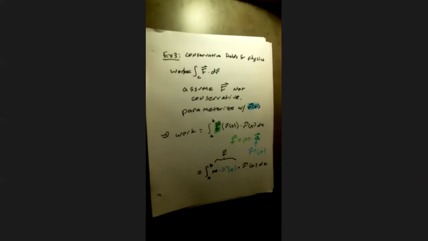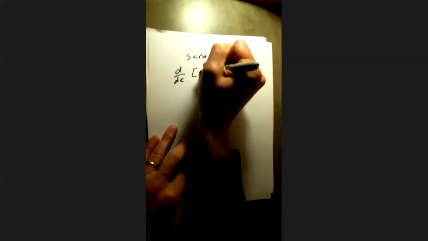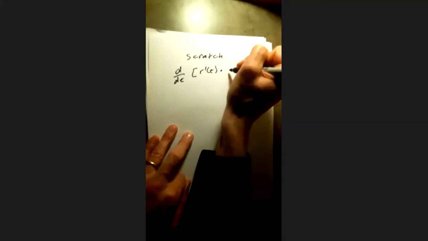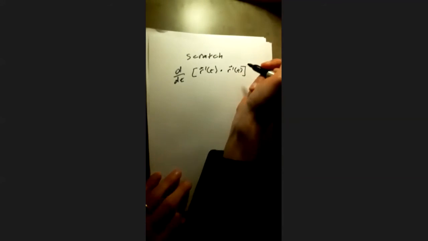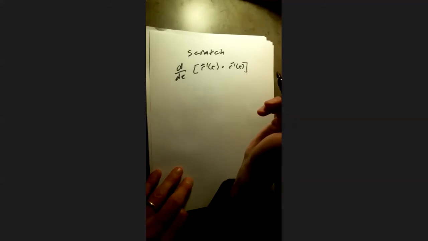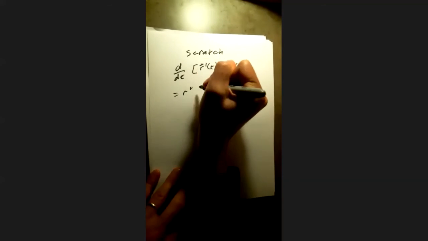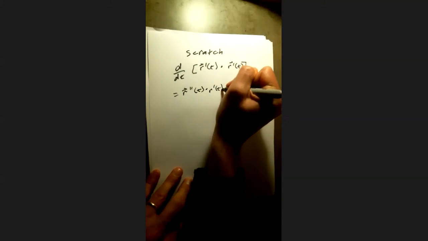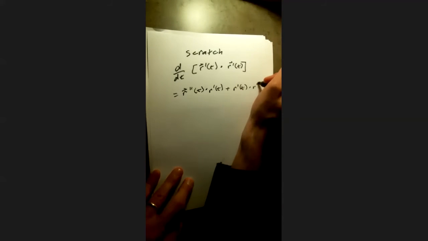Very good. So let's do a little bit of scratch work for a second. If I have d/dt of r prime of t dotted with r prime of t, I get to use the product rule, and so I would get r double prime of t dotted with r prime of t plus r prime of t dotted with r double prime of t.